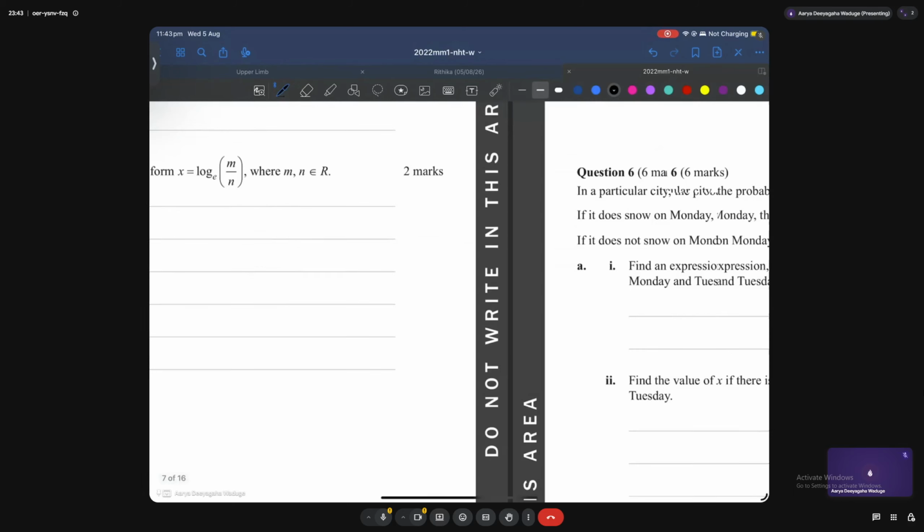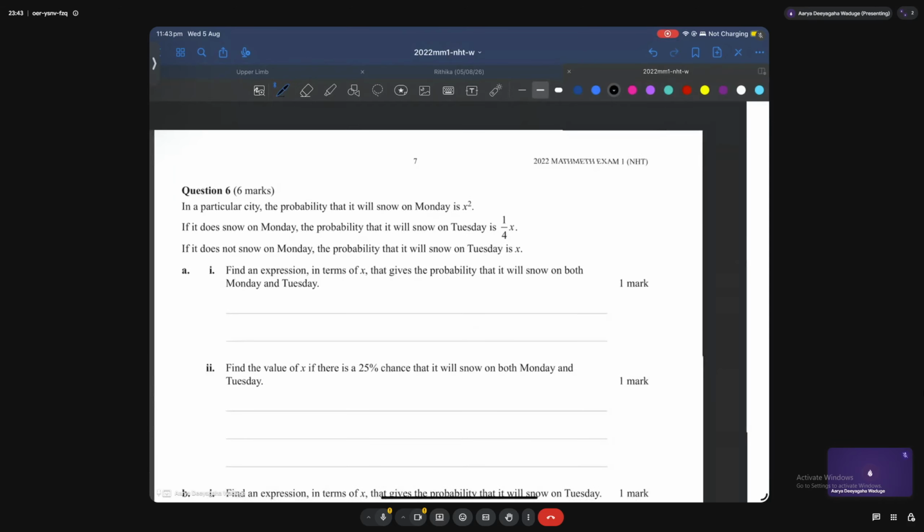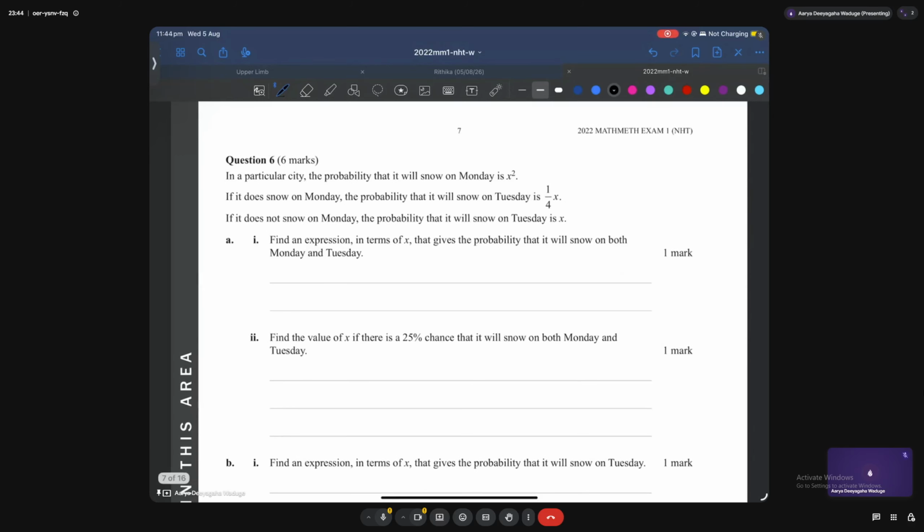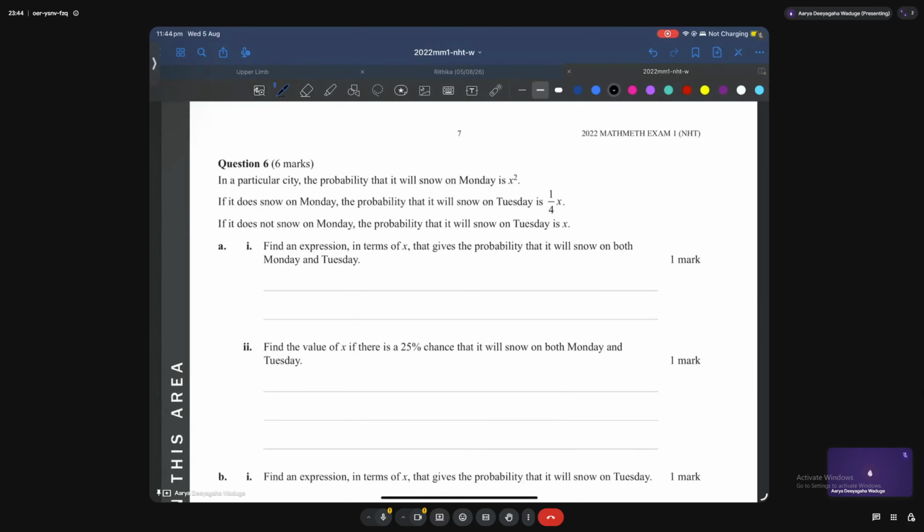In a particular city, the probability of snow here is x squared. Yep, cool. So pretty much we just have a basic diagram, essentially. A tree diagram we could do.